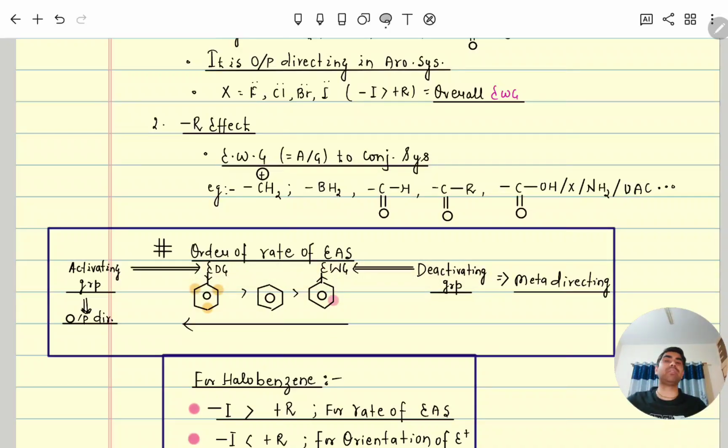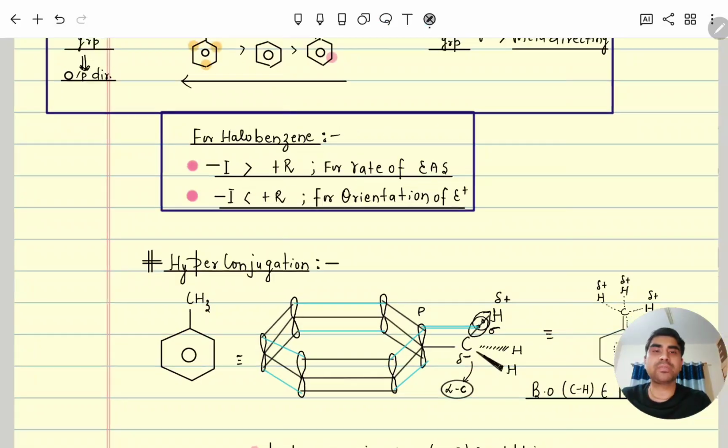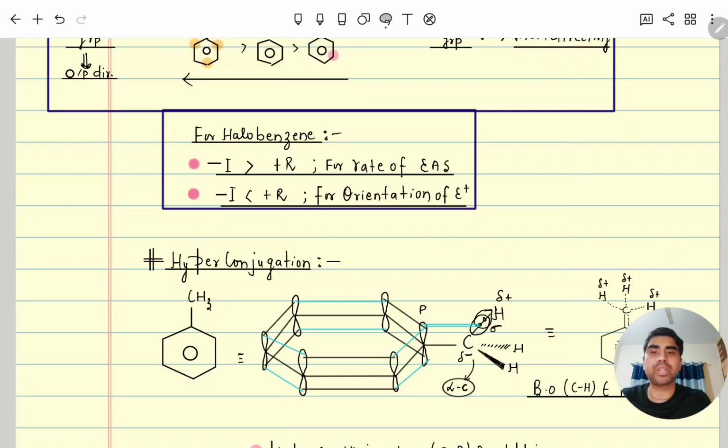The plus R effect is not that dominating, but while making the product, the pi bond is weaker, so we will form the product through plus R. But the rate of product formation will be slow, because overall its minus I is greater than plus R. So always remember for halogen: while determining rate, minus I is greater than plus R, but while making the product, plus R is prominent over minus I.